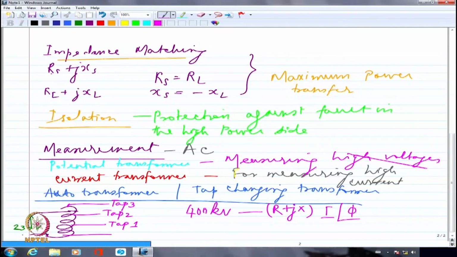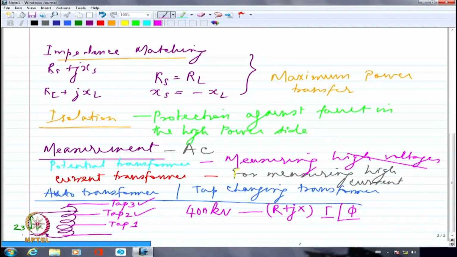So I might like to put the tap at a lower number of turns. Are you getting my point? So originally maybe my tap was here, now I might like to put my tap at a lower point. If I put it at a lower point, even the incoming voltage is decreased somewhat.